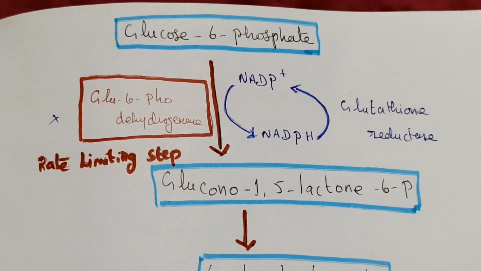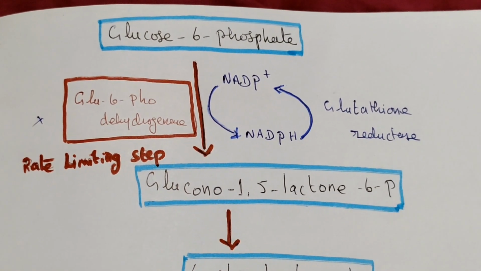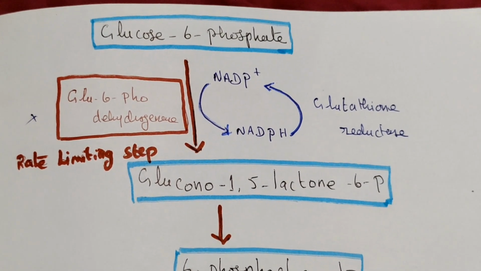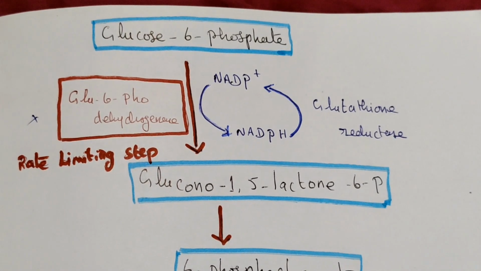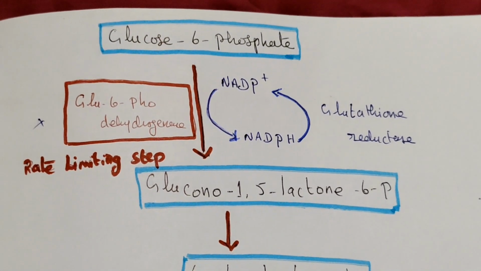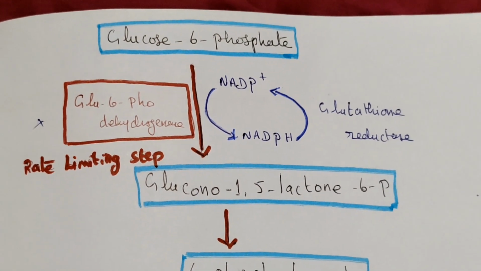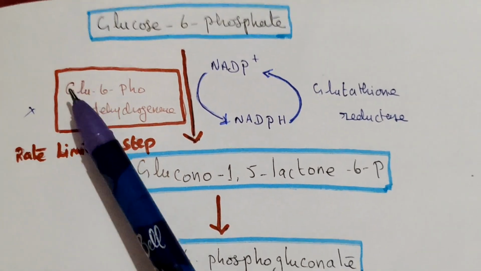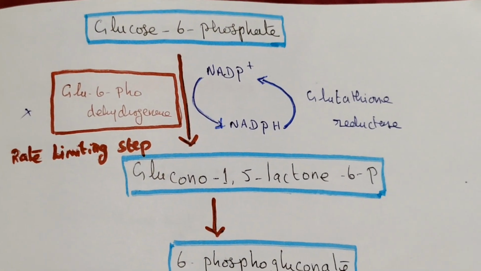It is the first step in the pentose phosphate pathway, and it generates NADPH. So NADPH is generated from the dehydrogenase reaction of glucose-6-phosphate by the enzyme glucose-6-phosphate dehydrogenase.